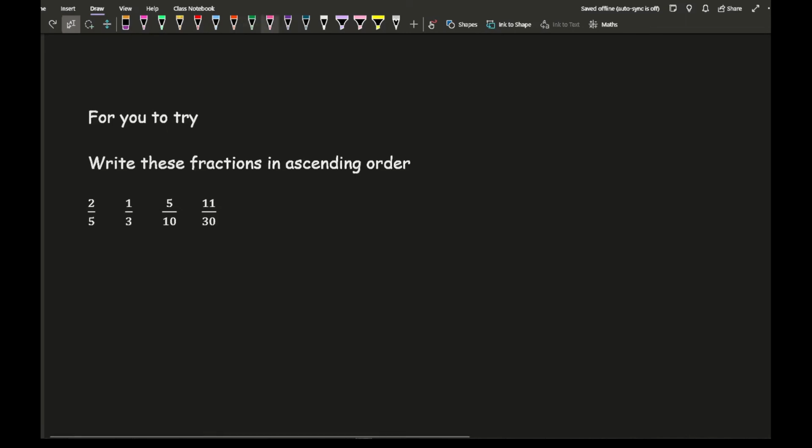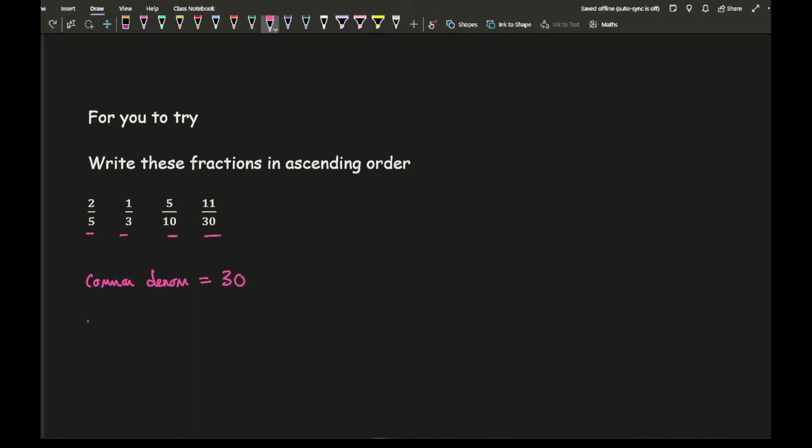So going through the answers for this, let's first of all pick a method. So here, if you're picking a common denominator, then what you should have gone for, I would say between 5, 3, 10 and 30, is going to be 30.